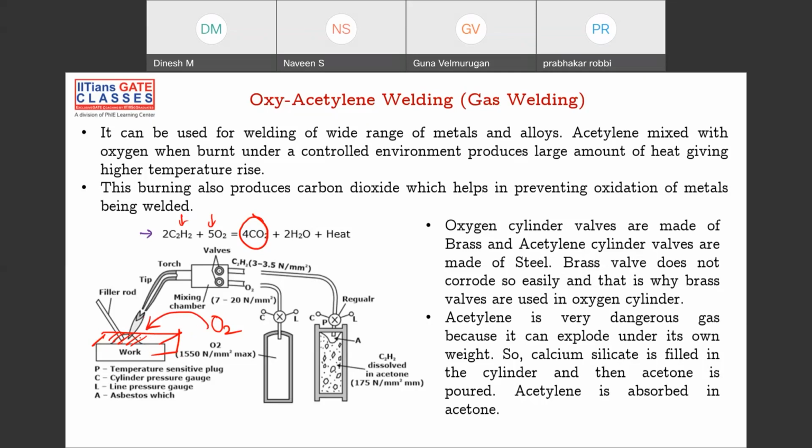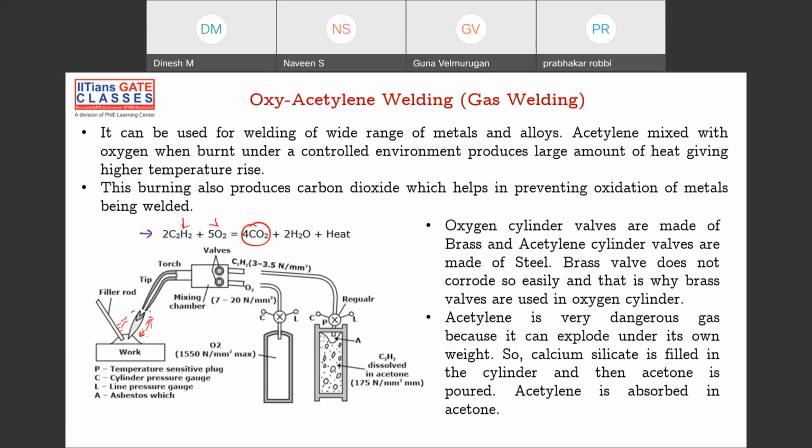Oxidation is very high at high temperatures. So if it comes into the liquid, the oxygen attacks and makes this layer impure, forming oxidation. So to prevent this oxidation, as you are selecting these two, the CO2 is spread around this flame, right?